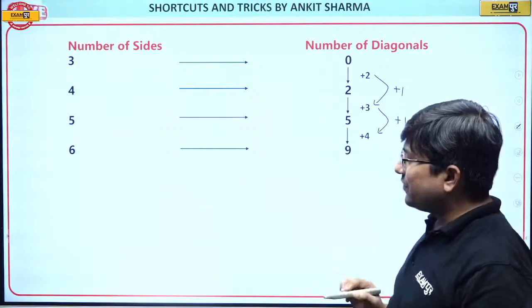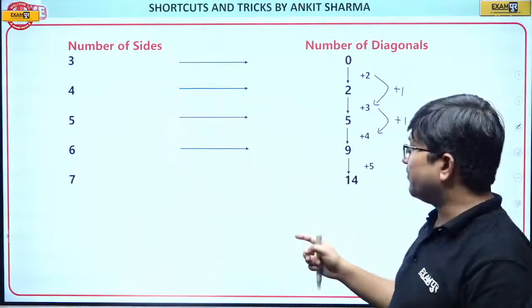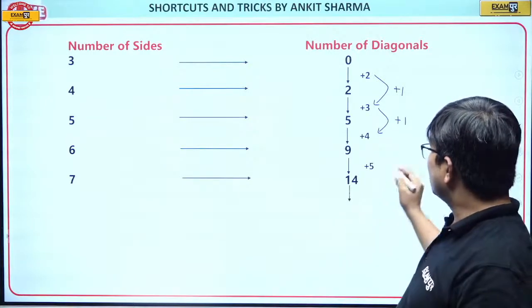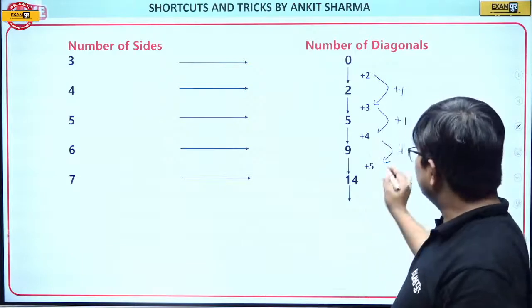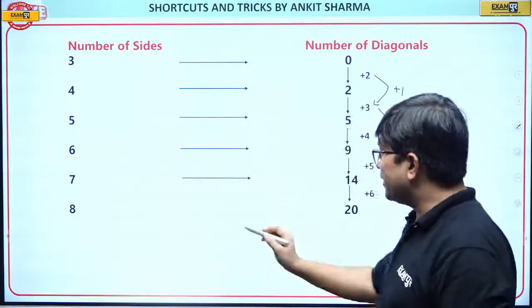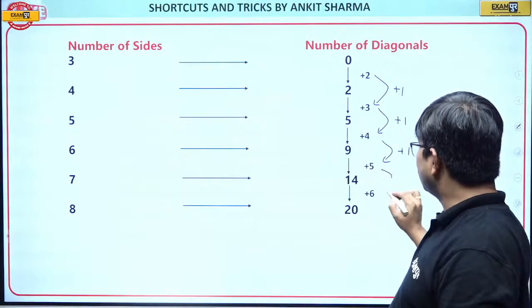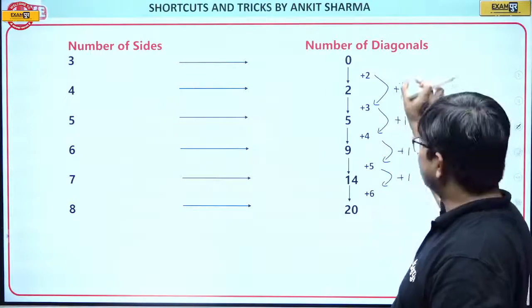Further, in a heptagon, a 7-sided geometrical structure, the number of diagonals is 14. Again, you can see it's plus 1. Similarly, over here, it's plus 5 now. In an octagon, an 8-sided structure, the number of diagonals is 20. Again, the second difference is plus 1. This is the first difference, and this is the second difference.